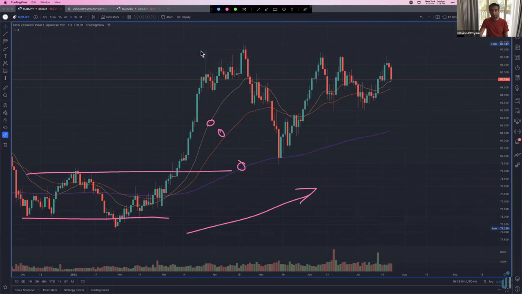We're aware of this up here, this support here, and then that resistance, and then this. And now higher low, higher low. On the higher time frame, these little ones might not be visible, but as a whole, it might. If not, this one will be visible on the higher time frame as a higher low.